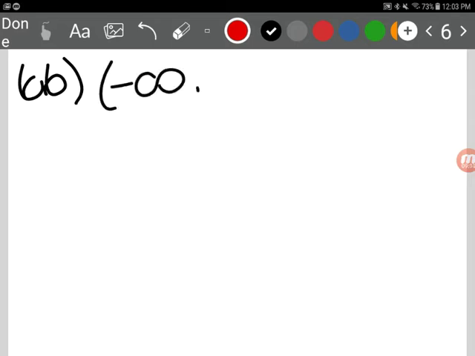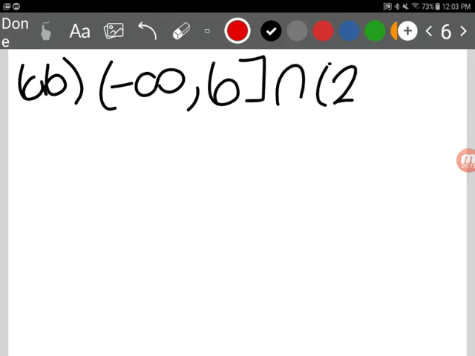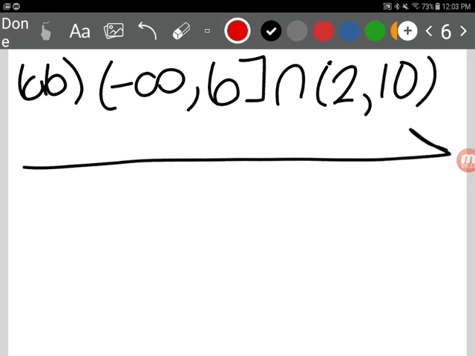So we're going to look at 66. 66 says, graph the set. I have (-infinity, 6] intersect (2, 10). Okay, I do want to see my 0.